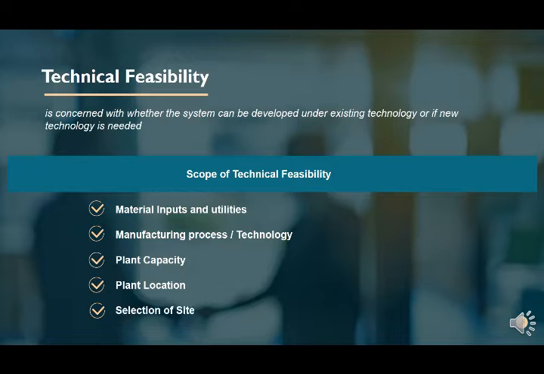Last, fifth, selection of site. The terms location and site are different. Location refers to a fairly broad area, while site refers to a specific piece of land where the project would be set up. The next four aspects will be discussed by the next reporter.